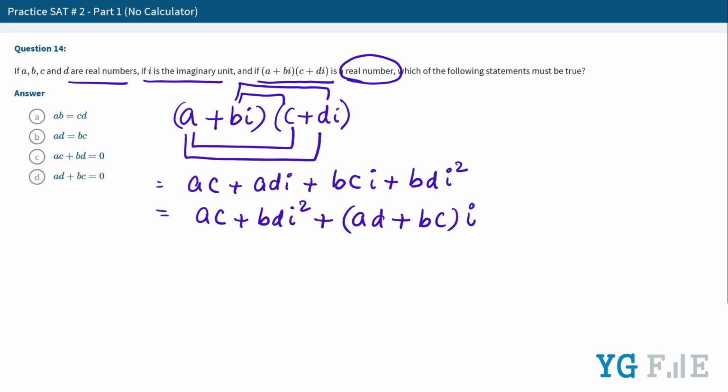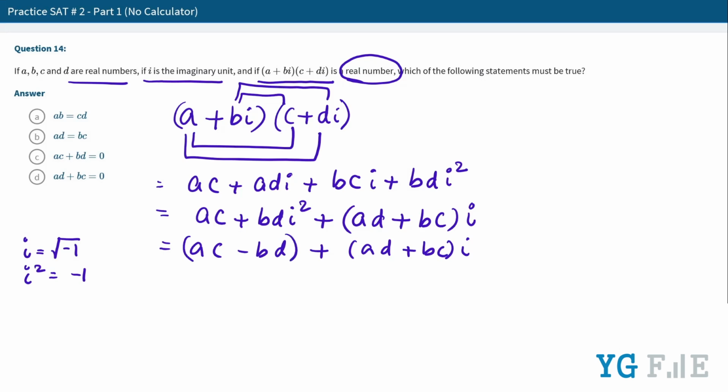Now we should recall that i in a complex number by definition means the square root of minus 1. So i squared, simply squaring both sides, is minus 1. This is a very common identity, and we replace i squared here to get minus BD, and we leave these terms as is.